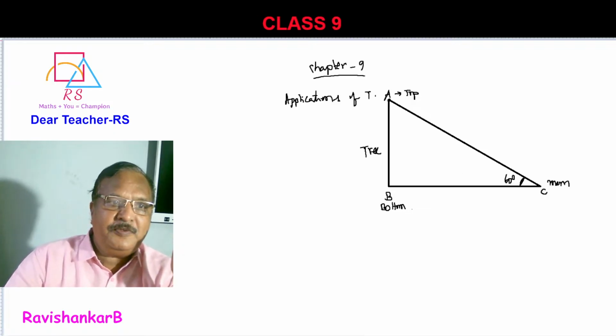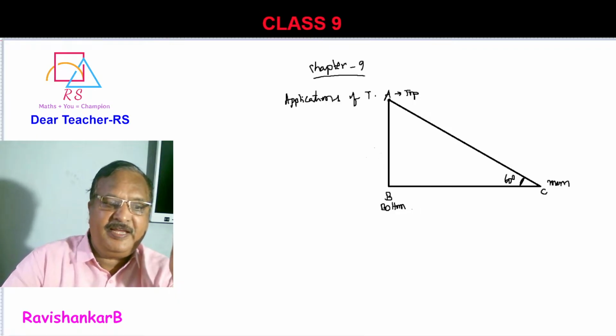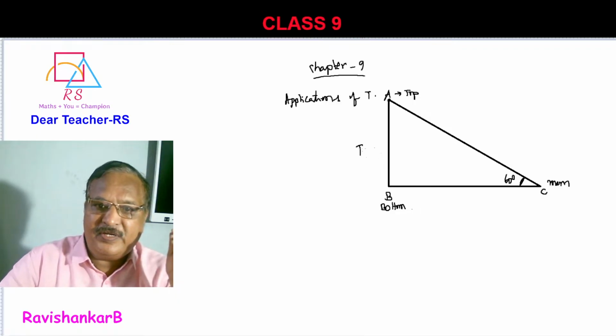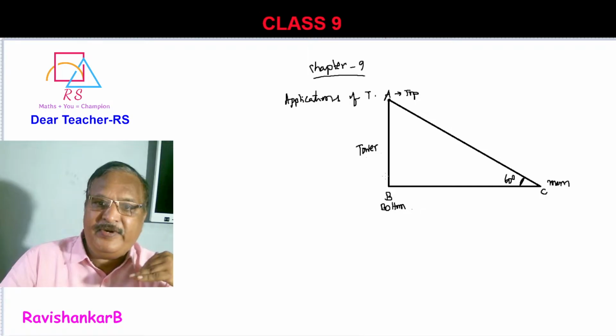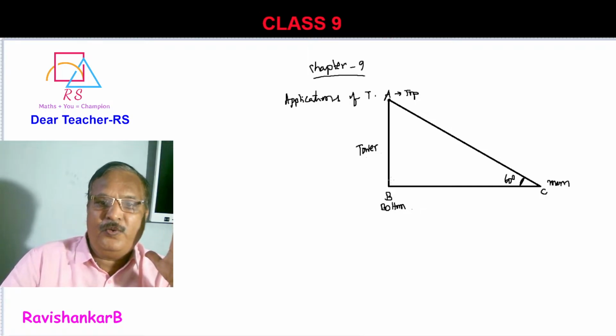Now I will remove this tree and change it to a tower. Tower, tree, they grow vertically. That means the angle between them and the ground is always 90 degrees.